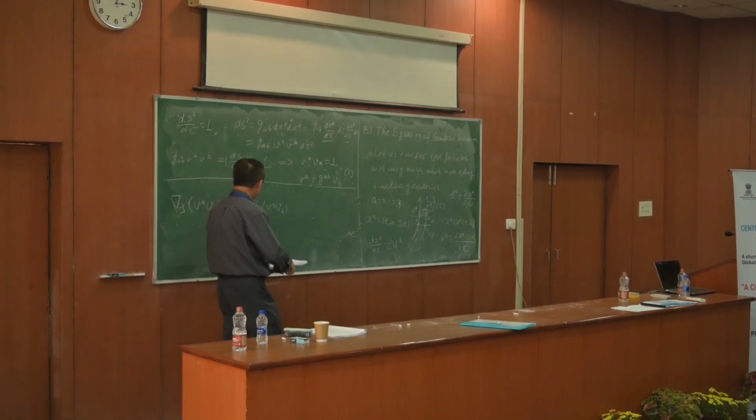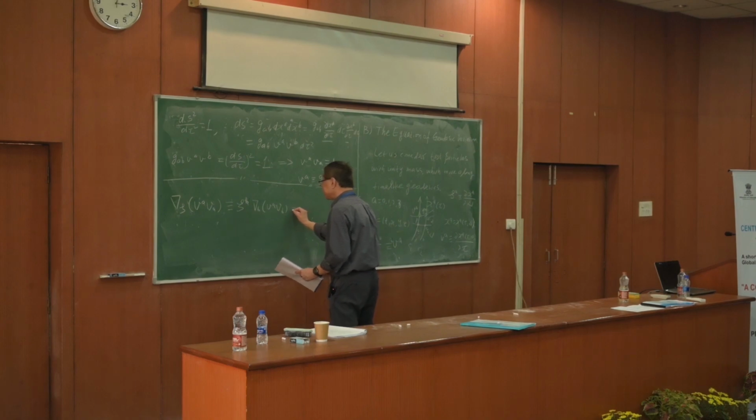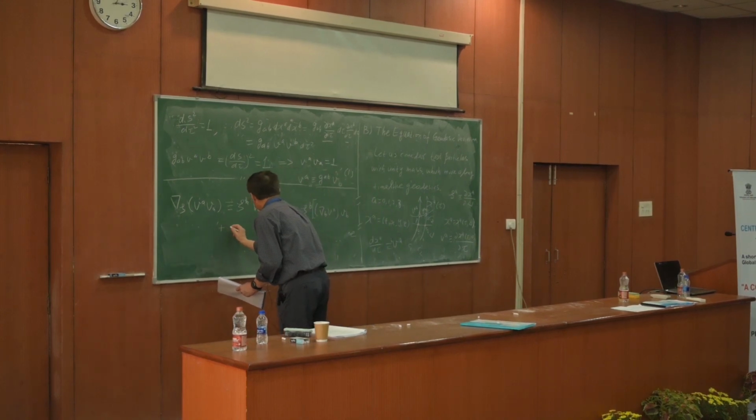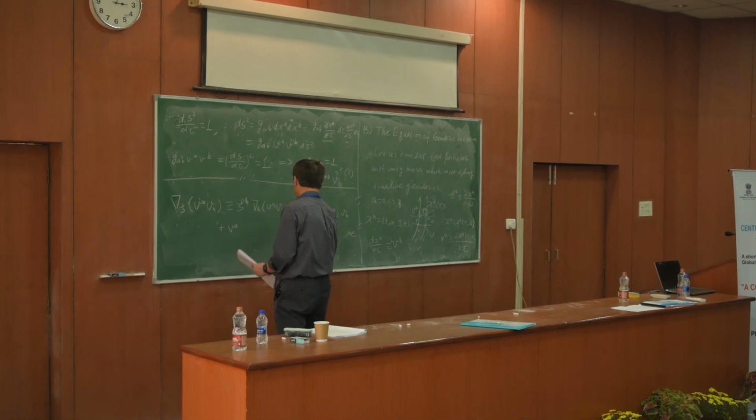Correct? So this will equal the metric times the derivative of A with B plus A with the derivative of B.